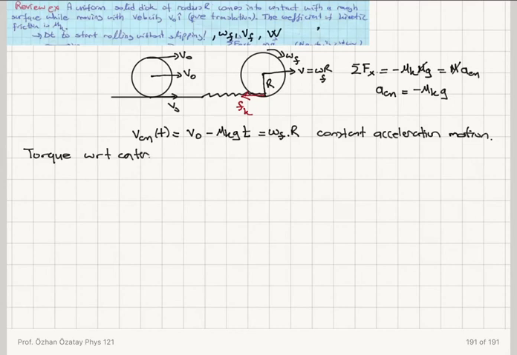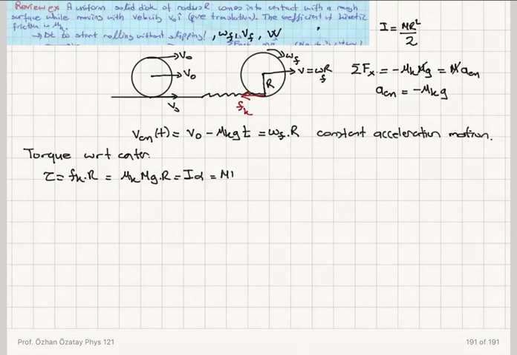Now, also, I would like to write the torque equation. So the torque with respect to center is Fk times r, that's the torque, mu k mg times r, that's equal to I alpha. Now what is the direction of this torque? It is the direction that I have drawn in the figure. And what is the moment of inertia for a uniform solid disk with radius r?